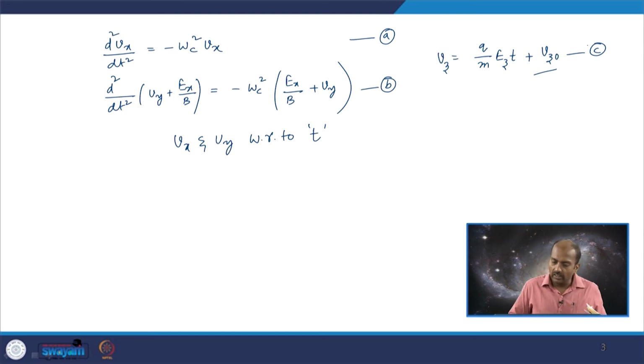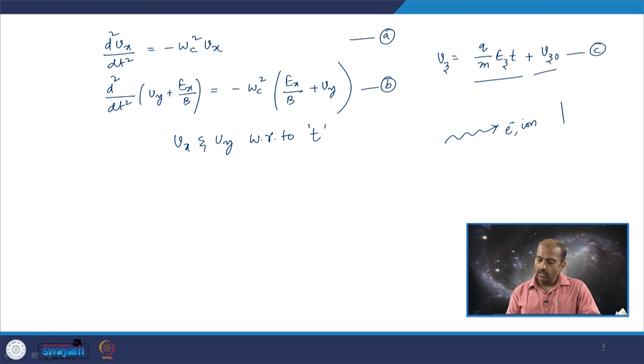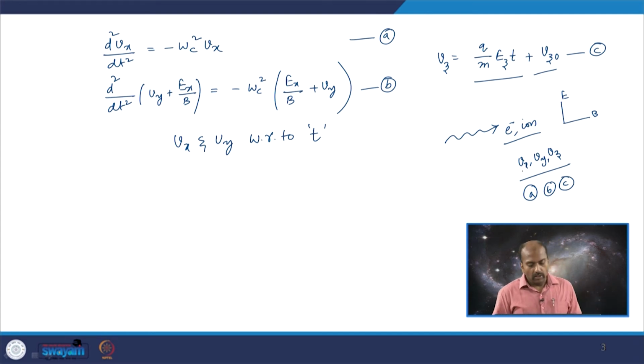Now, what they represent is that Vz is of course changing linearly with respect to time, and when a particle, let us say an electron or ion which is part of a plasma, experiences an E cross B field, that means when electric and magnetic fields simultaneously exist, the velocity Vx, Vy, Vz will behave as shown in equations A, B and C. So, they are not just velocity components which are simply changing linearly with respect to time, but they mean more than that.